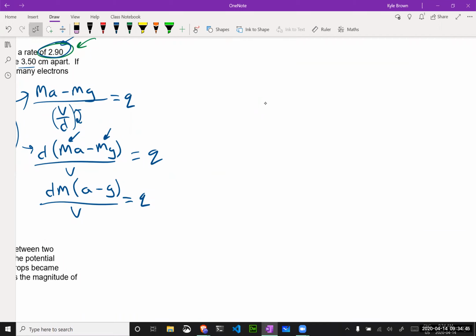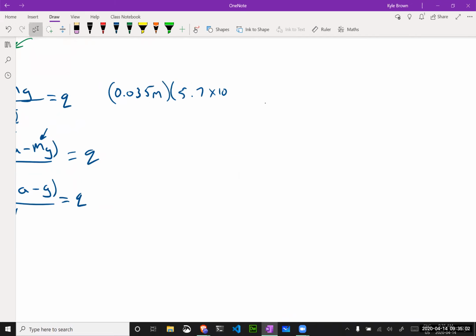All right, now let's put our numbers in. So our numbers would be 0.035 meters times 5.7 times 10 to the negative 16 kilograms, just the mass that they gave us for the oil droplet.